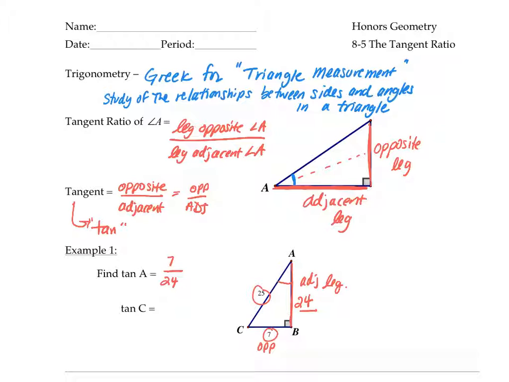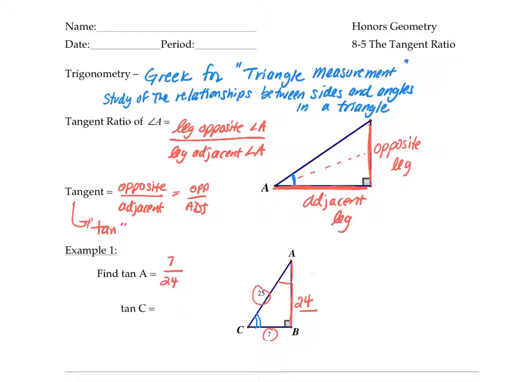Now check this out. I'm going to highlight angle C with blue. Now angle C is in this lower left-hand corner. When we're talking about angle C, 7 is no longer the opposite leg, and 24 is no longer the adjacent leg. So I'm going to erase that. For angle C now, because we're changing our angle, we have to change our perspectives.